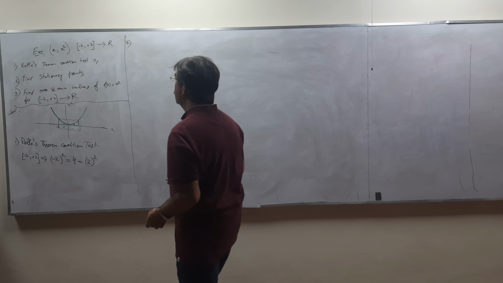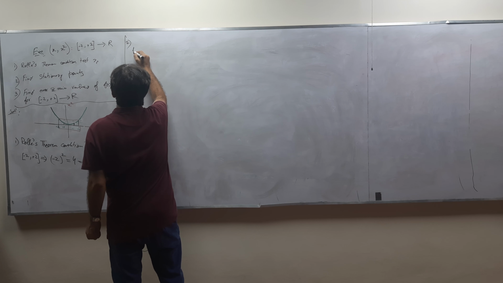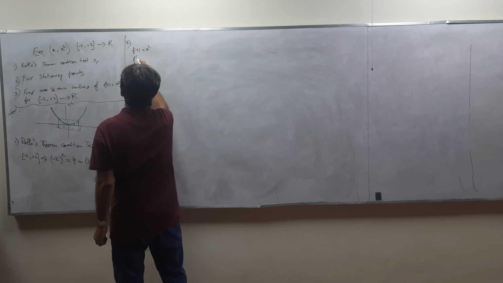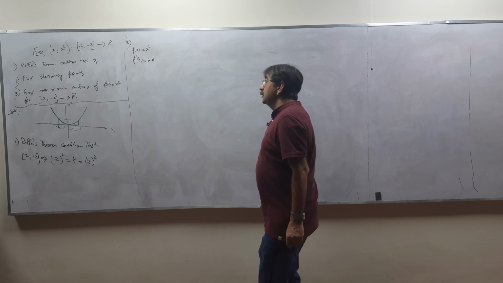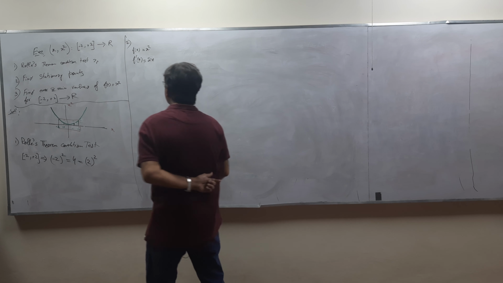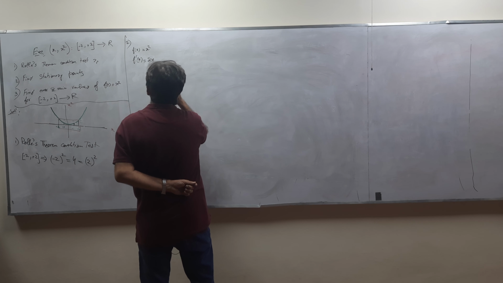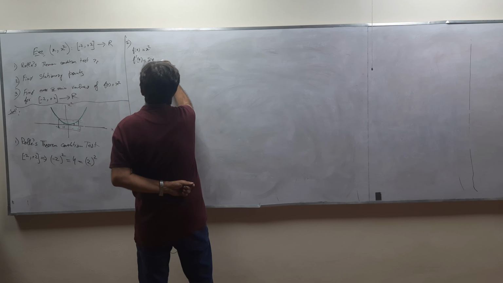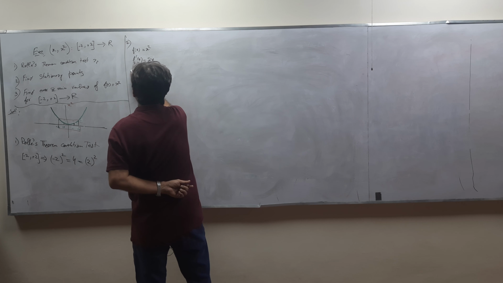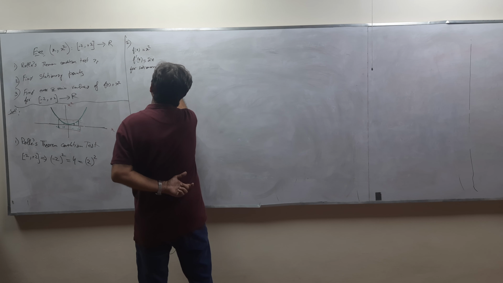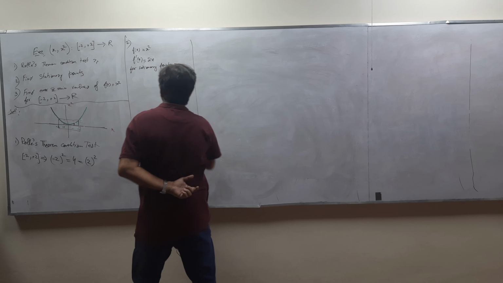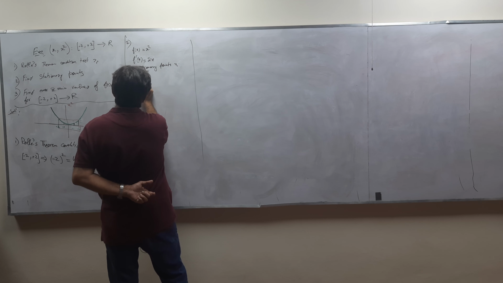F x is x square, f dash of x will be 2x. Okay. So 2x must be equal to 0 for stationary points xi. 2 xi must be 0.